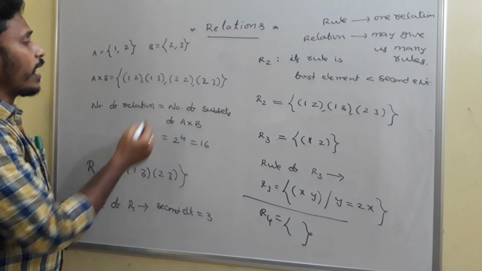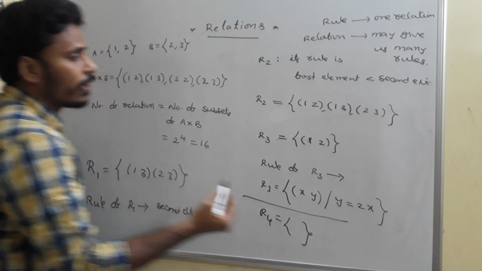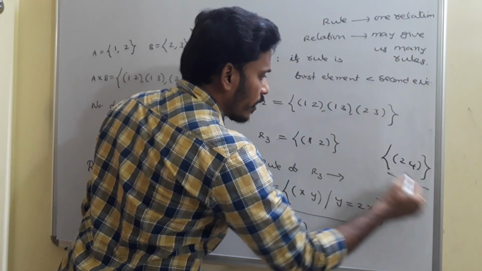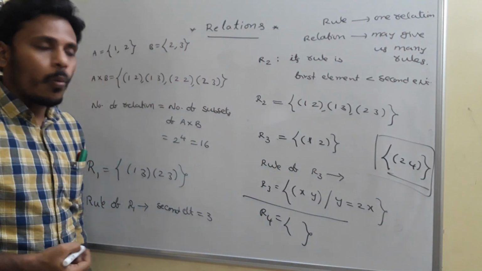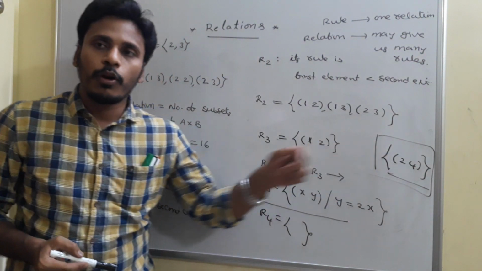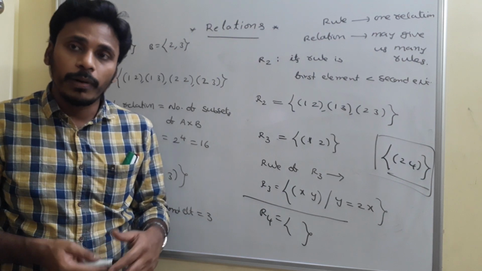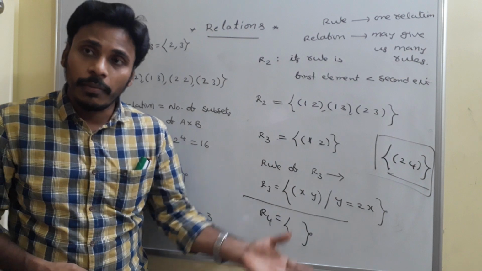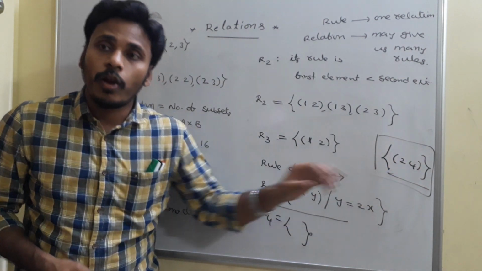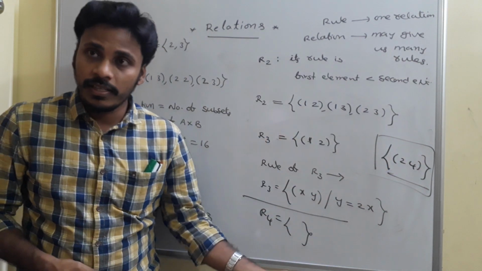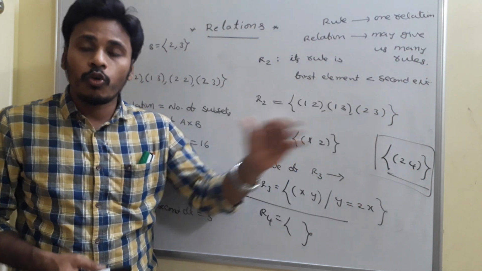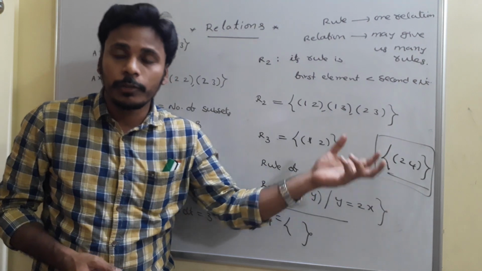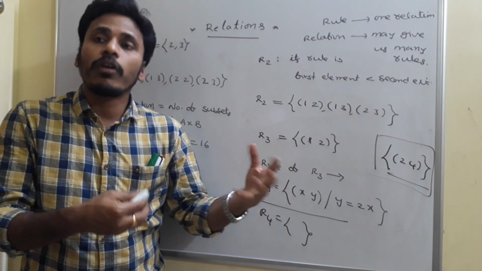Suppose I give you a relation from another set, containing 2, 4. One person will say that the second element is double the first element. One person may say that the first element is half of the second element, another may say that the second element is the square of the first element, and another will say that the first element is the square root of the second element. So the single pair 2, 4 is producing 4 different rules.